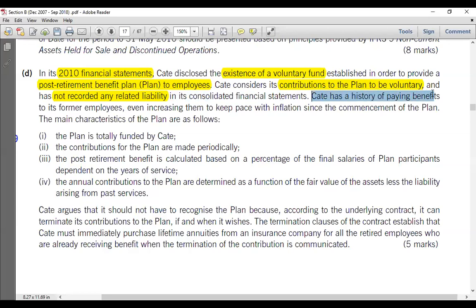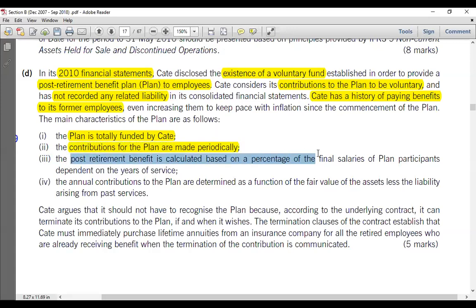Kate has a history of paying benefits to its former employees, even increasing them to keep pace with inflation since the commencement of the plan. That history actually creates a constructive obligation on Kate. The main characteristics of the plan are as follows. The plan is totally funded by Kate. Contributions for the plan are made periodically.